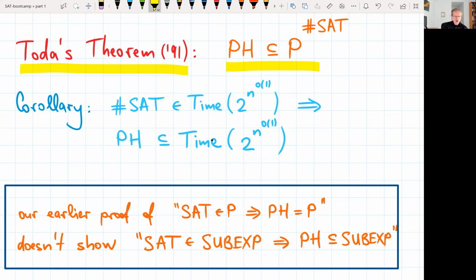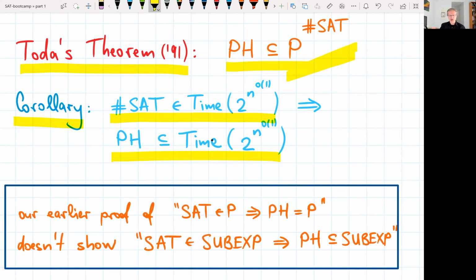Now, an interesting corollary of this result is that if I have a fairly good algorithm for sharp SAT, if we can count satisfying assignments in some sub-exponential time, like 2 to the n to the epsilon for some tiny epsilon, then by Toda's result, every problem in the polynomial time hierarchy is also in sub-exponential time, because everything in polynomial time hierarchy is polynomial time reducible to sharp SAT.